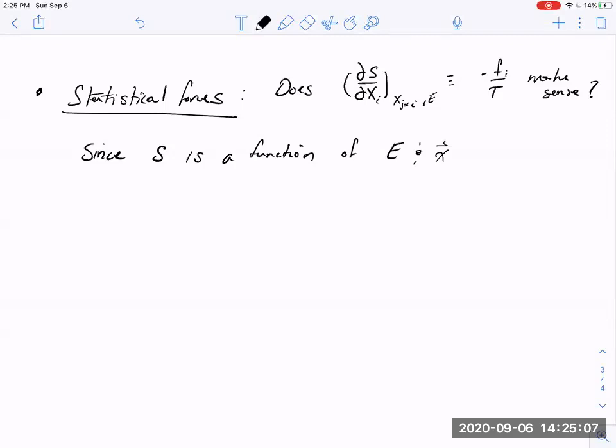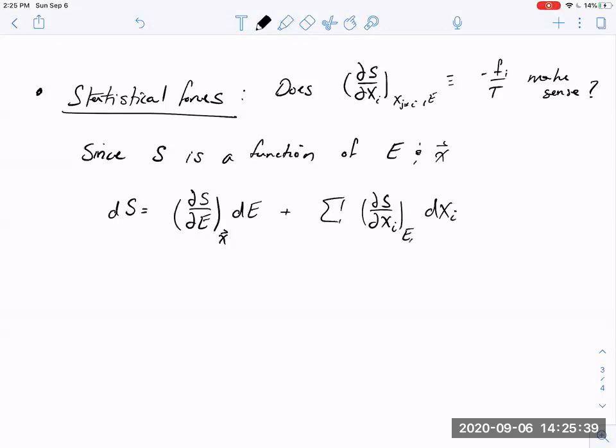Which means that if I ask for differential changes in the entropy, a change in the entropy can occur through changes to the energy, holding those mechanical variables fixed, or changes to those mechanical variables holding the energy and the other variables fixed.